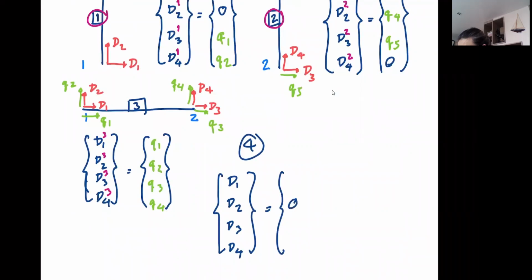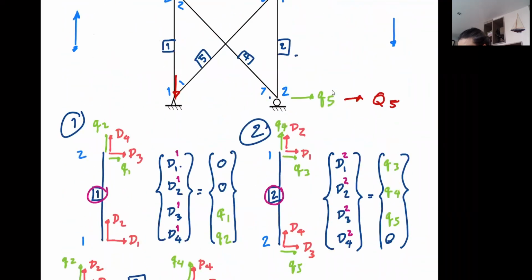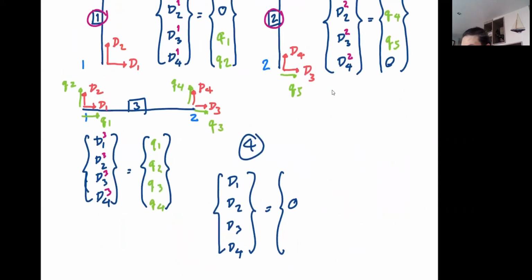This is 0, right? Because here for member 4, D2 is in Y direction. This is local node 1 of member 4, and Y direction is 0 because you have a roller here. So you have Q5 for D1, and then Q1 and Q2, right? It's pretty simple.